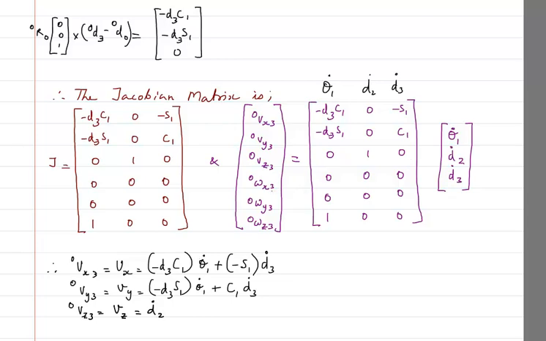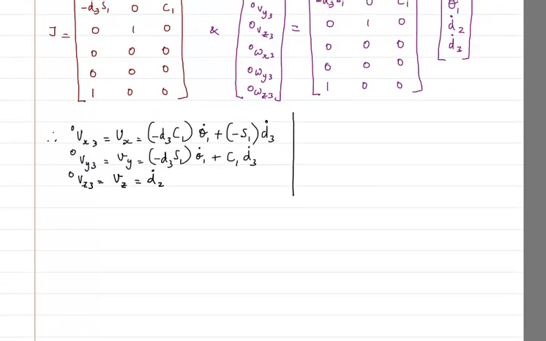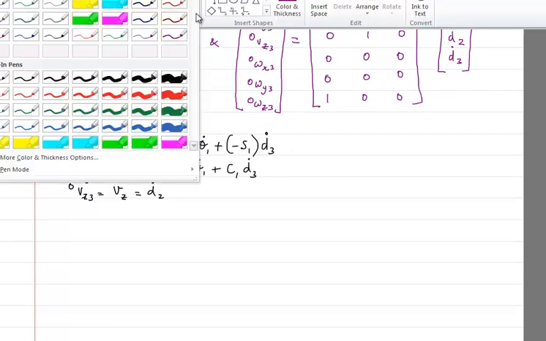Now omega x is going to be all multiplied with 0, so let me write it down so that it's a little bit more clear.